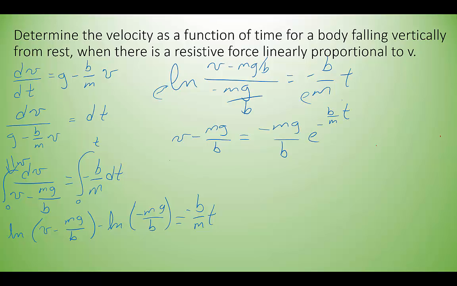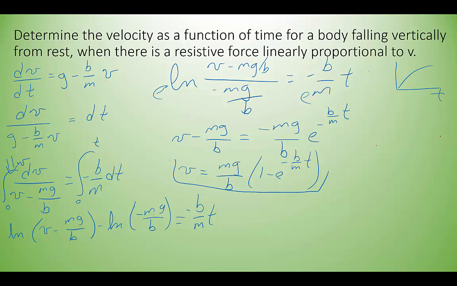I'm going to move the mg over b over and pull it out, and we end up with a neater version of v equaling mg over b times 1 minus e to the negative b over m t. And this relationship here tells us the velocity as a function of time, and it corresponds to the graph on the last page, where we had time on the x-axis, velocity on the y-axis, and we had our terminal velocity near the top.